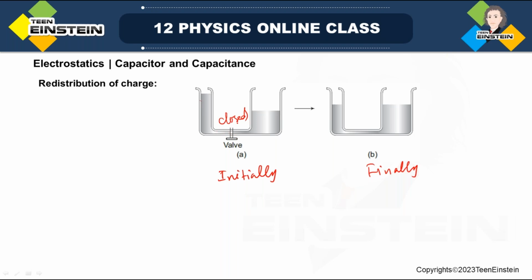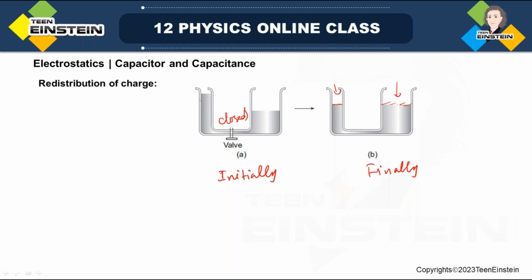According to the properties of liquid, the pressure on this part is atmospheric pressure, since it is open to the atmosphere. Here also it is open to the atmosphere, so the pressure will be the same, and at the same horizontal plane the pressure on the liquid surface will be the same.